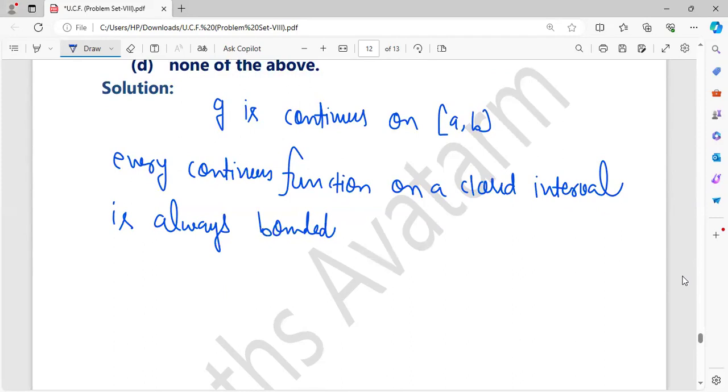If you take any continuous function on a closed interval, it is always bounded.